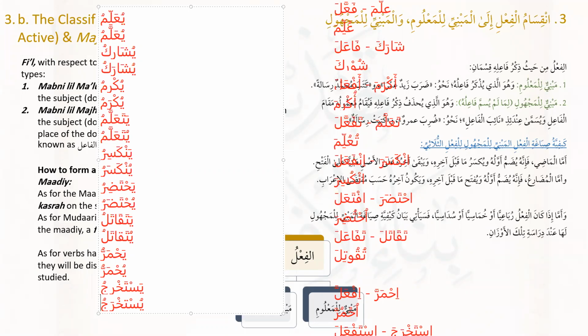The principle remains intact for most of the أفعال except when it comes to انفعل and افتعل and تفعل and تفاعل.